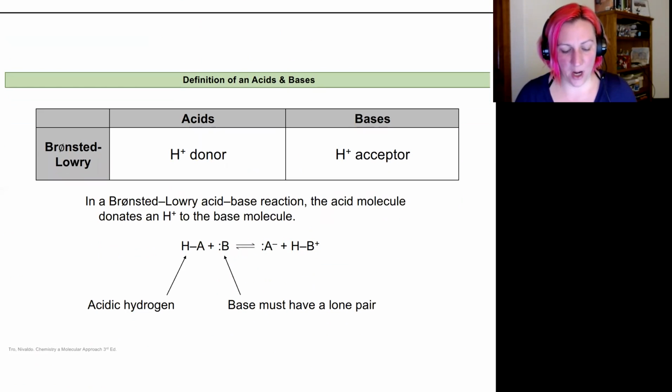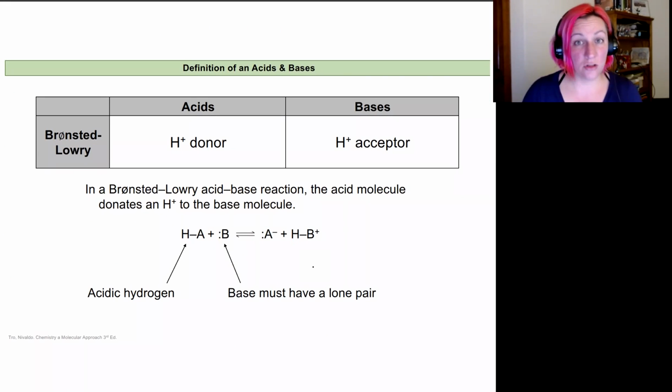All right, so let's broaden our definition a little bit. That's a useful definition, but we find that there are more acids and bases than just those that produce hydroxide ions and protons. The proton piece will stay a common thread for a while. So a Bronsted-Lowry definition states that an acid is something that is a proton donor.